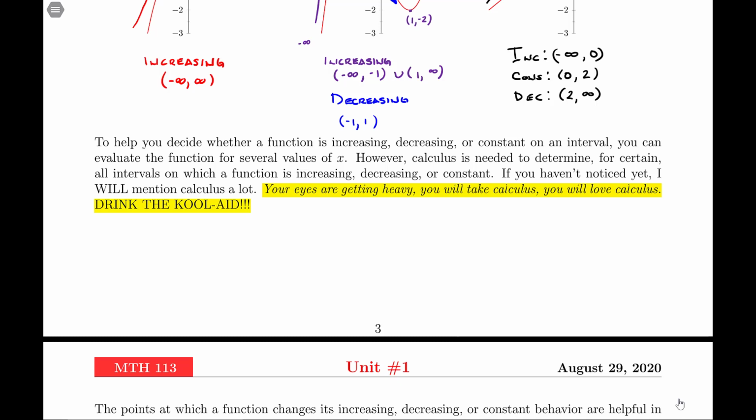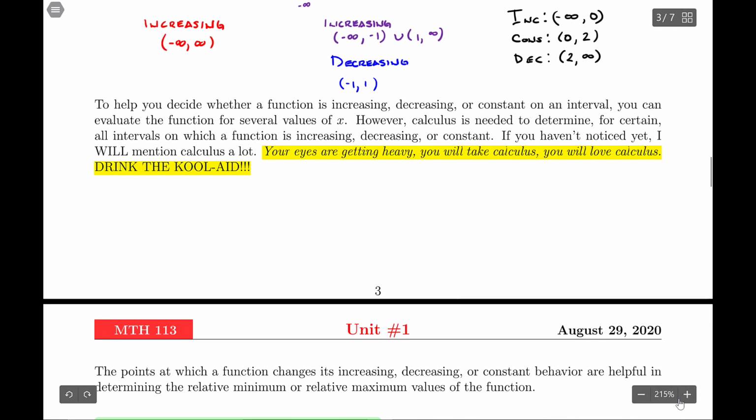The reason that is applicable is because we're going to look at what's called the average rate of change. Later on, we're going to determine what's called the instantaneous rate of change when you take a calculus course.